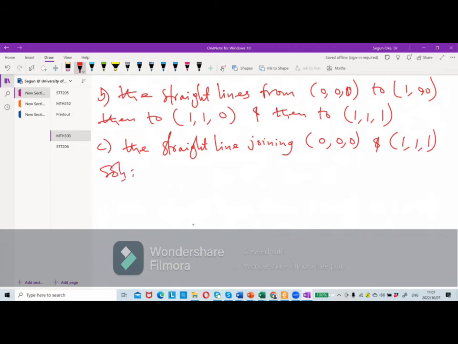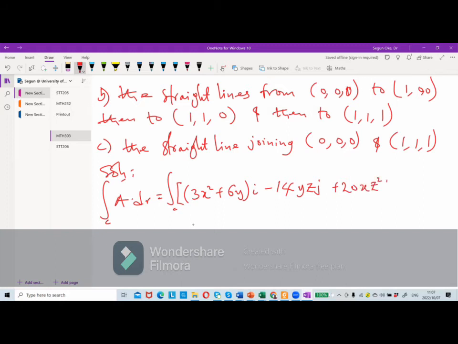Solution: the line integral of A dot dr will be (3x squared plus 6y)i minus 14yz j plus 20z squared k, everything dotted with dx i plus dy j plus dz k.